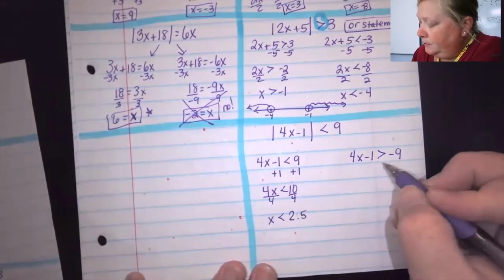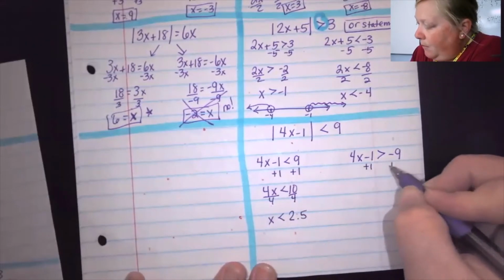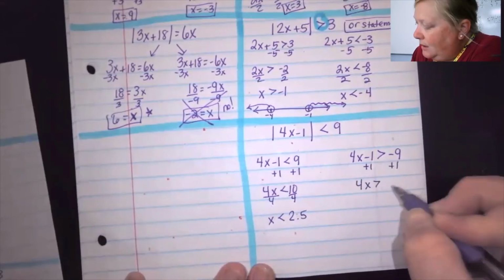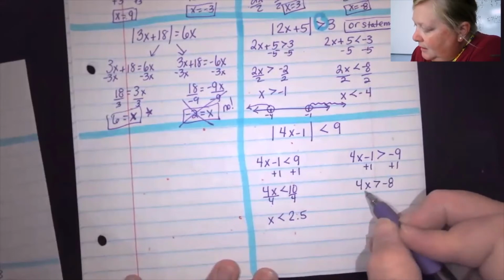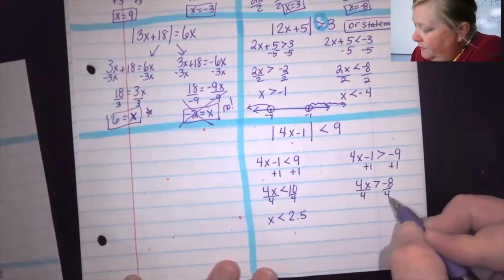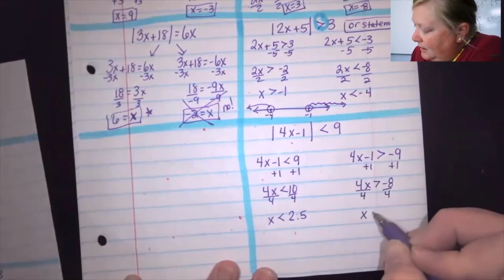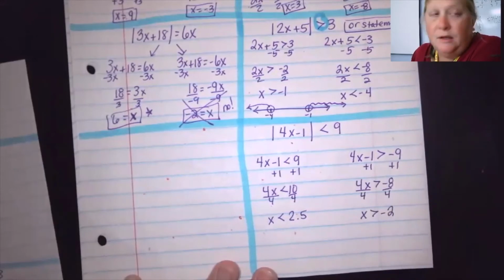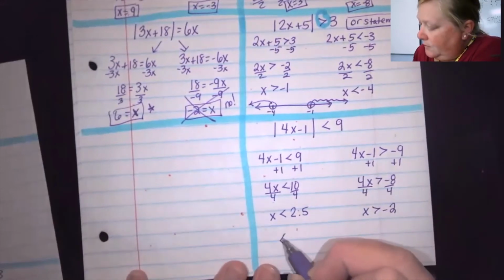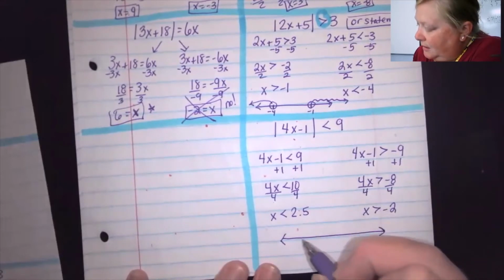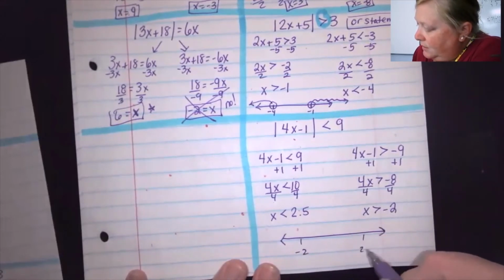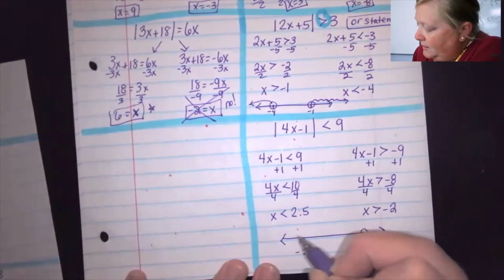Okay? Add 1. Oh, 4x is greater than a -8. And divide by 4. And x is greater than a -2. All right, looks like we're open circles again. -2, 2.5, open circles.